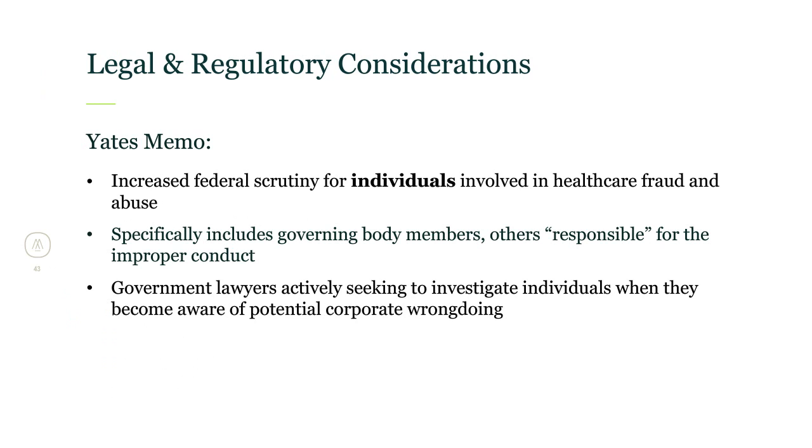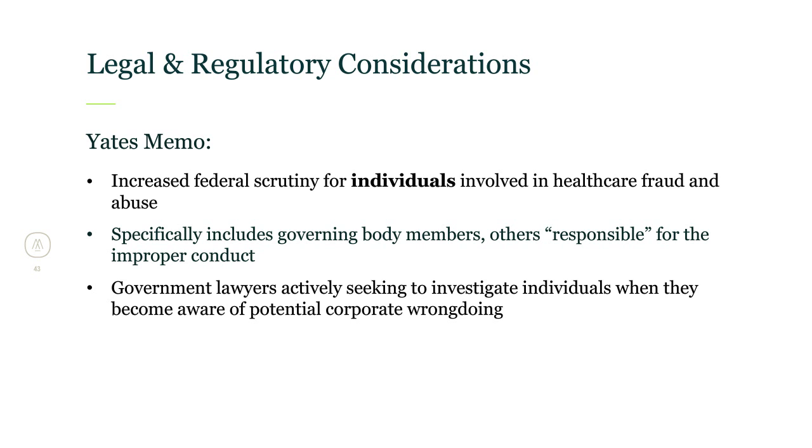This is an area that we wanted to call out specifically for individuals who have executives and board members who had not heard of the Yates memo previously. Sally Yates was a U.S. attorney who put together a memo, and really what the Yates memo is intended to call out: when fraud or other areas are perpetrated, it's not necessarily the brick and mortar of the building that created the fraud.